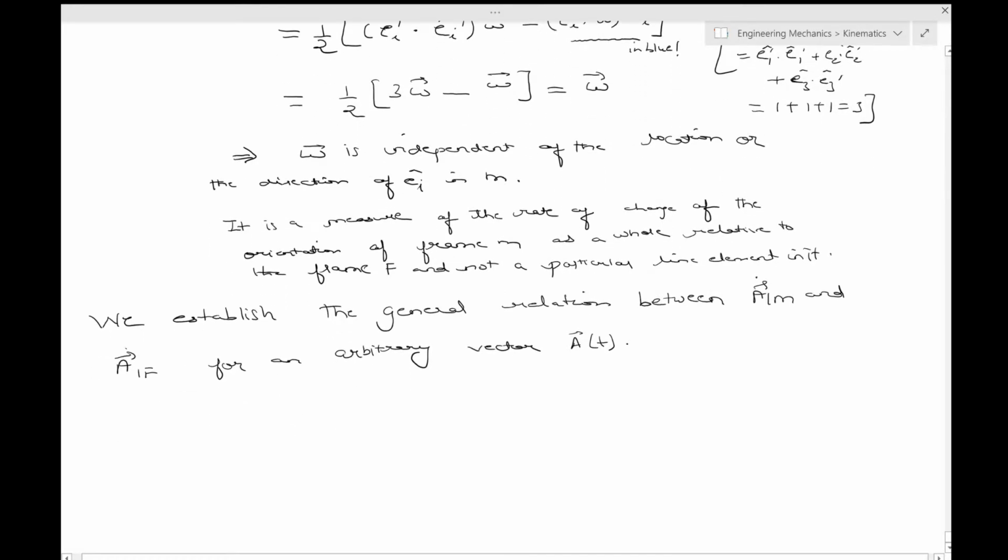Okay, so we had drawn that figure above, but we'll just draw it again.